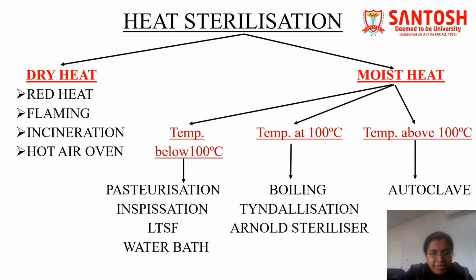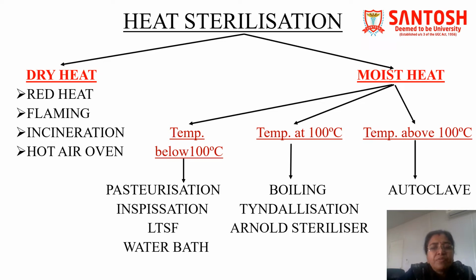Okay, we can do sterilization with dry heat and with moist heat. What comes in dry heat? In dry heat we heat the material or any article that we want to sterilize, so much under flame that it gets red hot. Then we can also use flaming. Then incineration and hot air oven. These are the four main methods of dry heat.